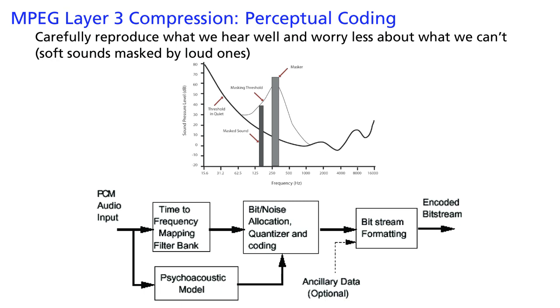Sound comes in, it is transformed into the frequency domain through a Fourier transformation. Using a psychoacoustic model, it goes through and removes things that it thinks won't matter in such a way that there's less information. Then it figures out how to quantize that, code that, compress that, all kinds of other tricks.